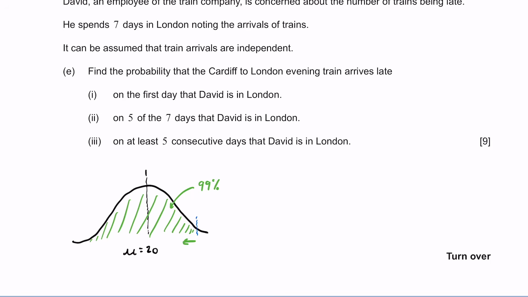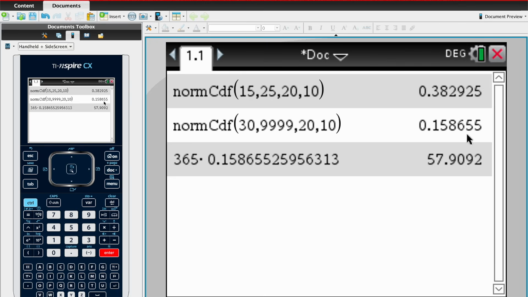What is this value, this time right here, in which 99% of the values are to the left? So essentially, we have a percent. Now we need to find the time. We're in the realm of inverse normal. So let's go ahead and go to the calculator for this.